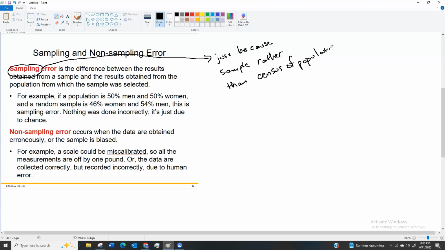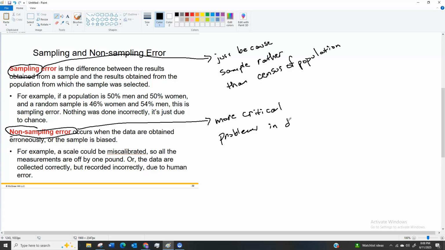So that's going to happen because you're taking a sample. But a non-sampling error is kind of more critical because it means that there were problems with your data collection, for a variety of reasons.